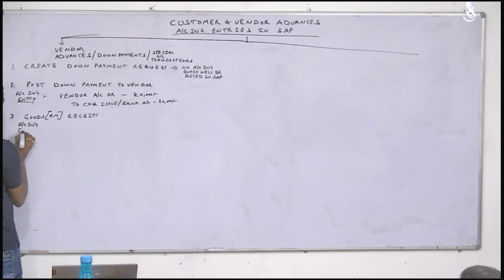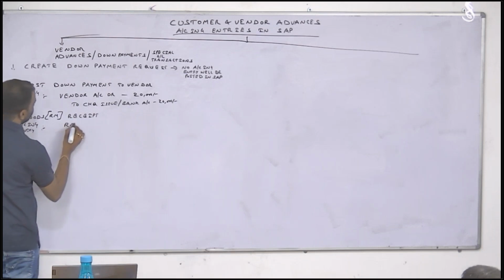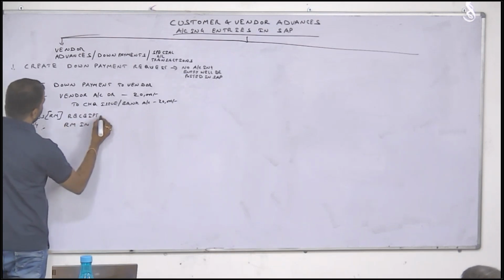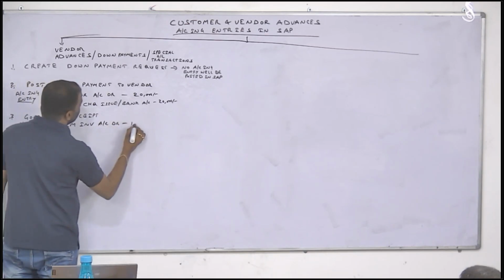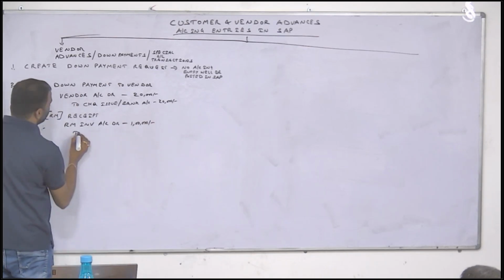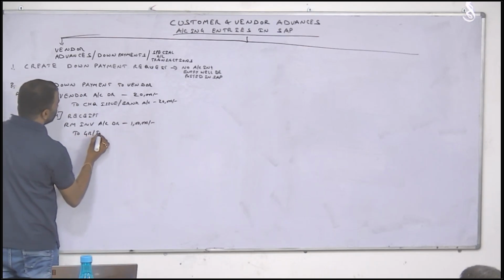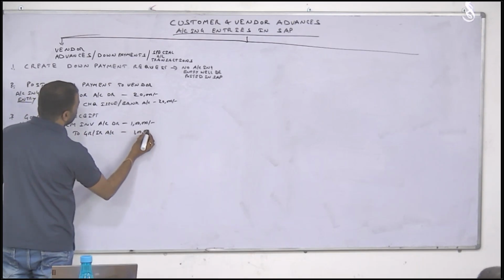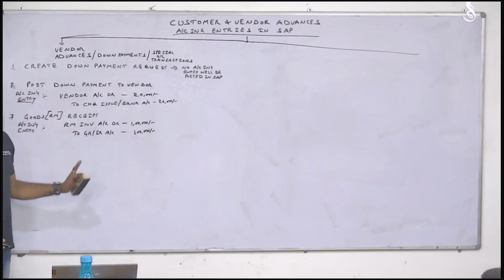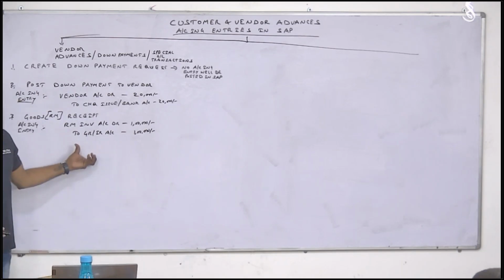Raw material inventory account debit. How much? 1 lakh. To GRIR. How much? 1 lakh. So you have paid an advance of 20,000. How much goods have they sent? 1 lakh. Right? So now, what is the fourth one?